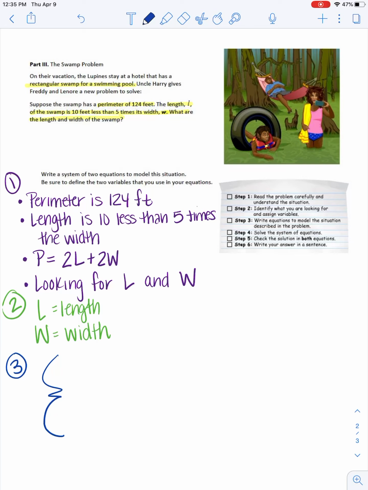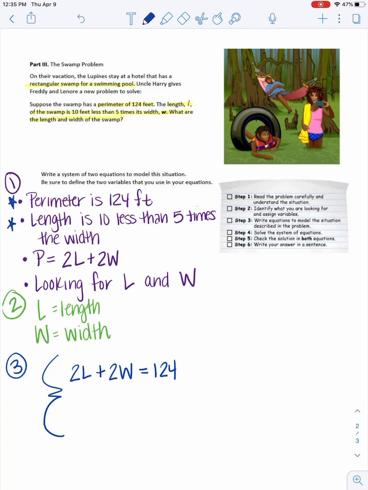Okay, so we have 2 restraints here. We know that the perimeter is 124 feet, and we know that the length is 10 less than 5 times the width. So really, our equation for perimeter is a formula that we've used for many years. 2L plus 2W has to equal 124 feet.